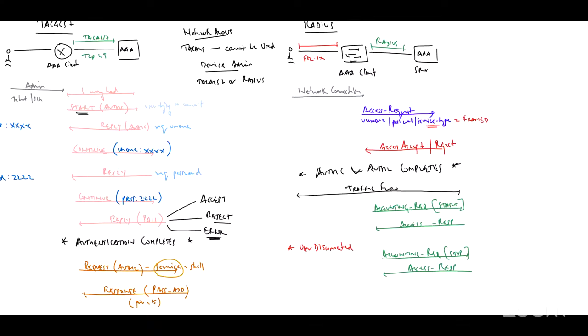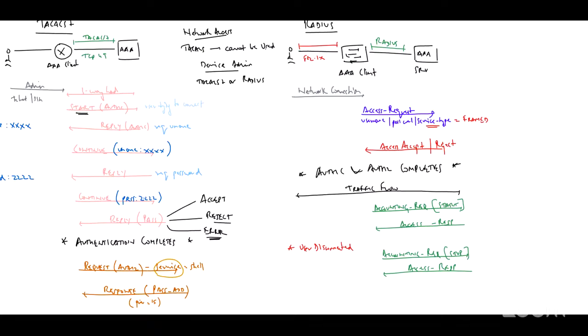There can be non-802.1x authentications as well. There could be devices on the network which cannot understand 802.1x, which do not support 802.1x. So it's the AAA client which basically tells that.